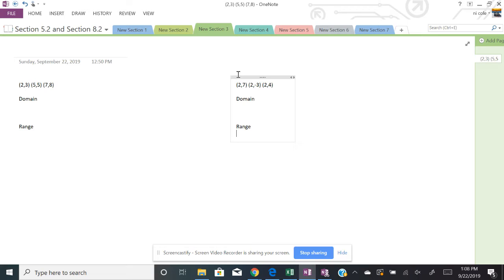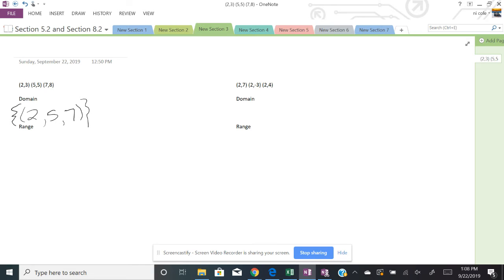So here in that first example, you have the ordered pairs (2, 3), (5, 5), (7, 8). And we need to know the domain. So this one you would write 2, 5, 7, because those are your x values.